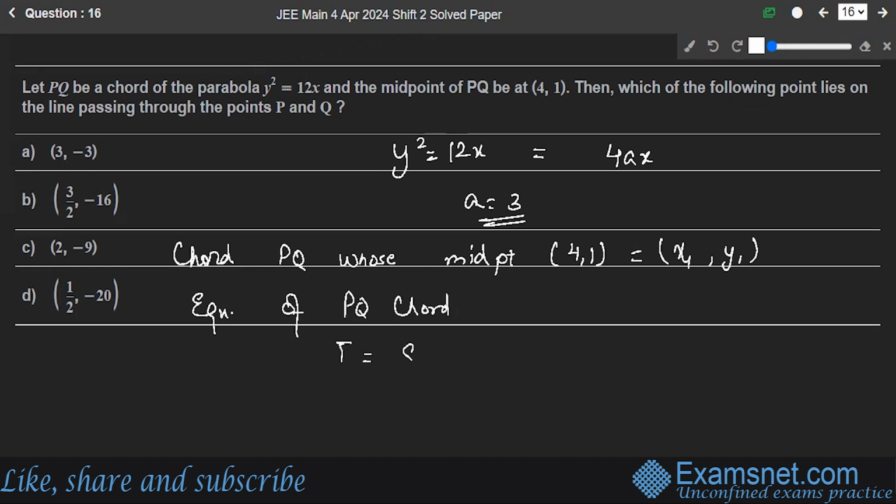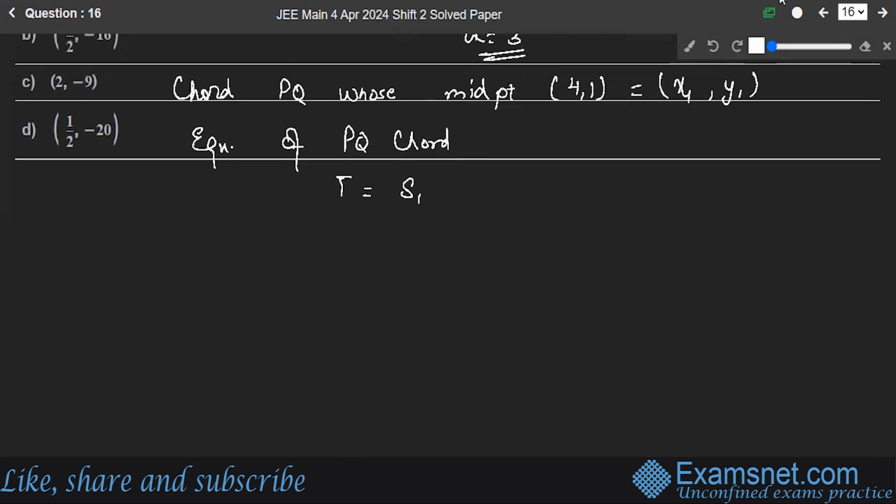Here you have T is equal to S1. So you will have y1 minus, this is 4a, 4a is equal to 12 into x plus x1 upon 2 is equal to y1 square minus 12 into x1. So you have x1, y1 as this and this. Let's fill in those values.